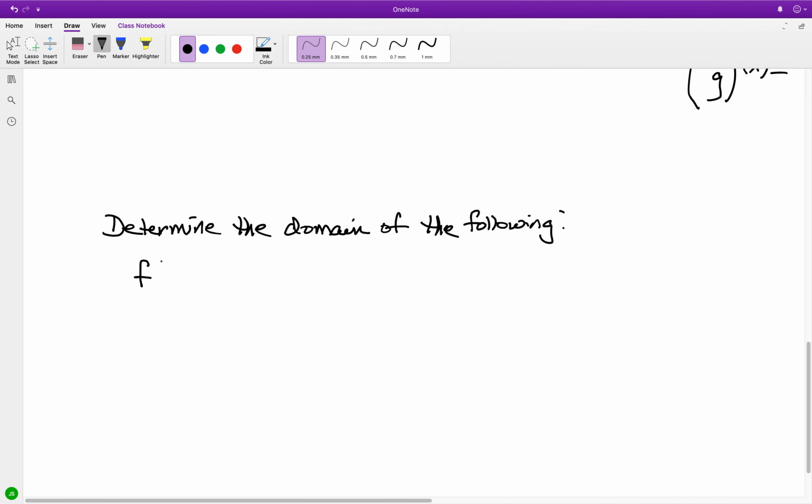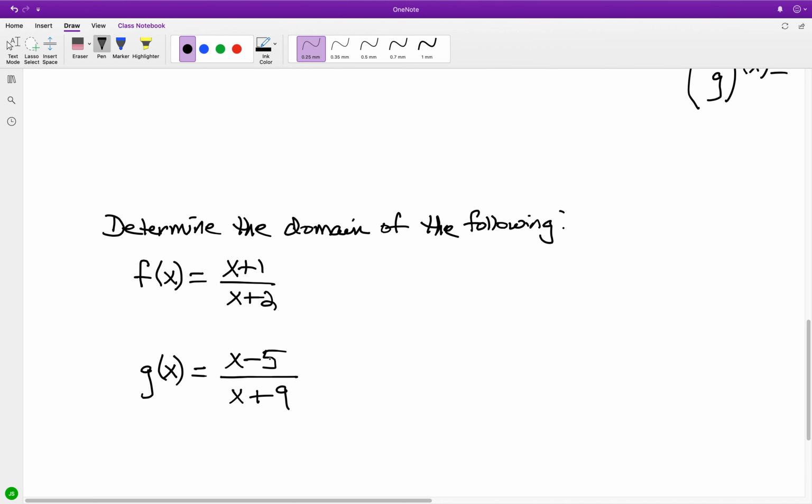So if I have f of x equal to x plus 1 over x plus 2, and for g of x, I'll say that I have x minus 5 over x plus 9.